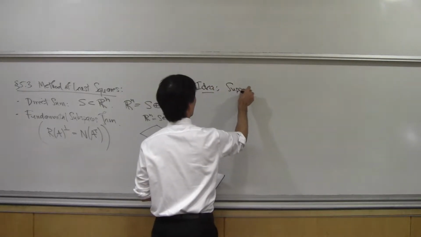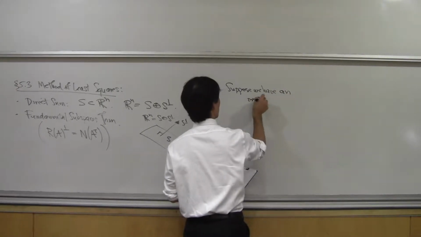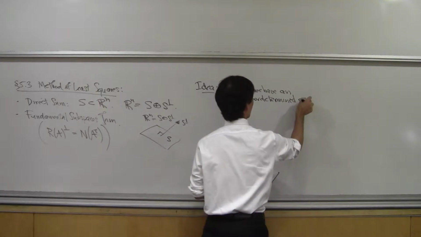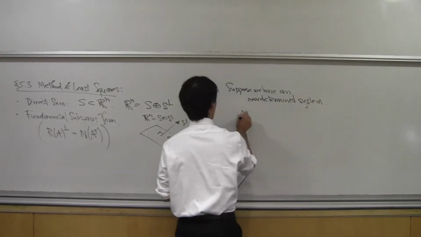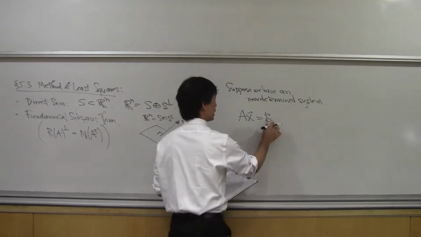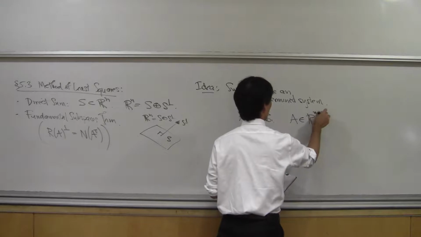Suppose we have an overdetermined system AX equals B.